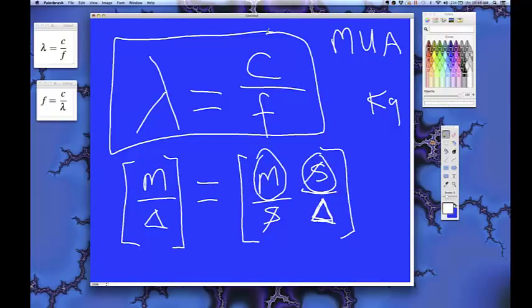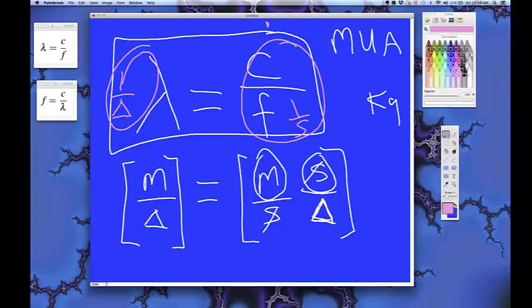That's totally true. But it's also a conversion from the domain of per second, which is frequency, to the domain of per cycle. This is a transformation from the domain of per second to the domain of per cycle.